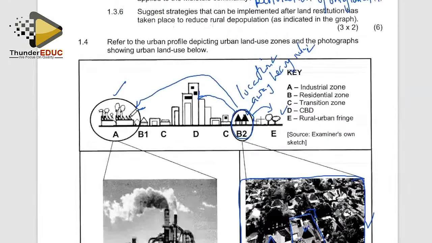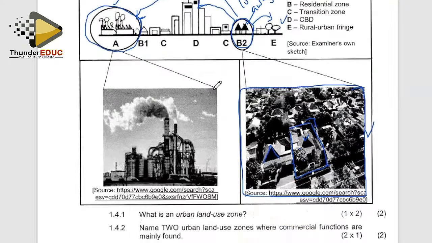Then, is the land use at A heavy or light industry? We're also analyzing this. For us to find justification whether it's a heavy or light, and also we use this to find a clue. Right. By merely looking at this, we see that there is evidence of air pollution here.